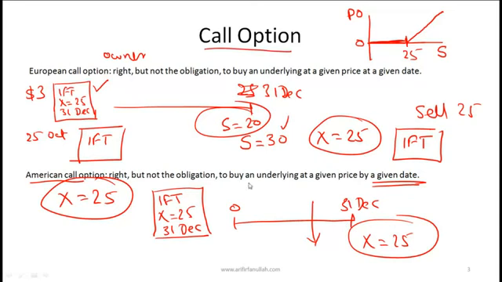There is another key point that I want to emphasize here when we talk about options. In options, the holder of the option has the right but not the obligation. So notice the payoff over here is one-sided. This needs to be contrasted with futures and forwards.